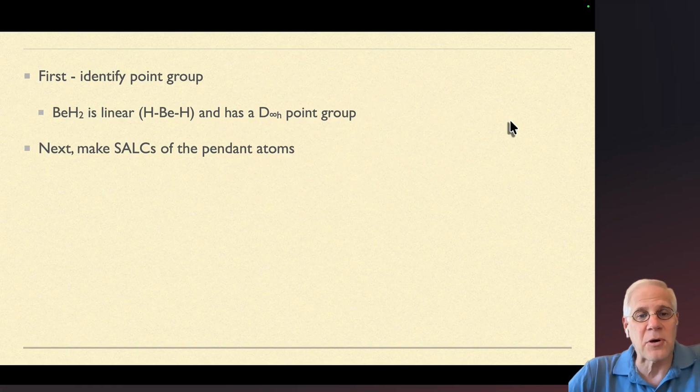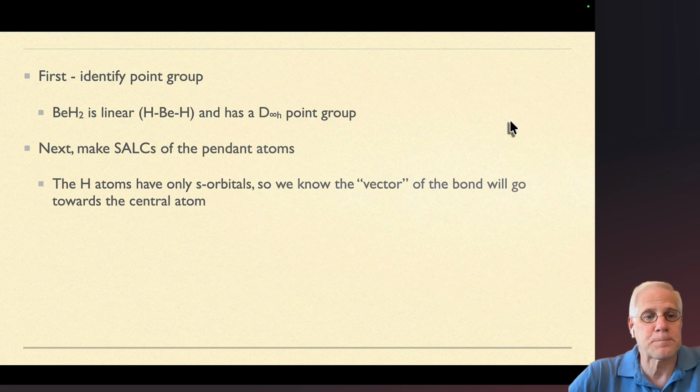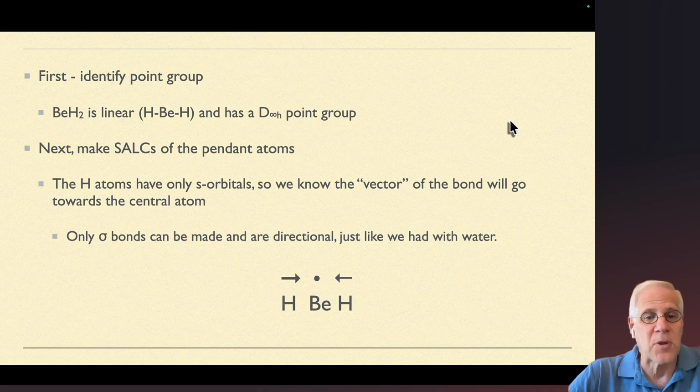Next, we need to make SALCs of the pendant atoms, those hydrogen atoms. So the H atoms, again, have only those s orbitals, and so we have that vector, not really a vector, but you can think of it as a vector of that bond going towards that central atom. So we're just going to have sigma bonds only, and they're going to be directional, just like we had with water.